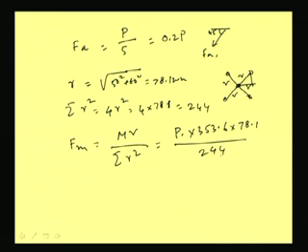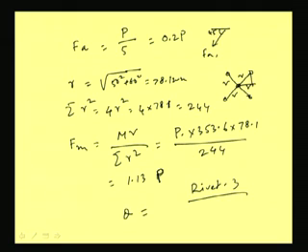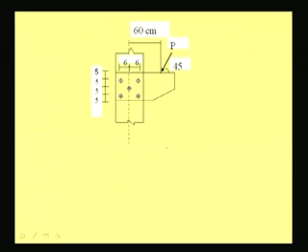So, we can find out from this 1.13 P, and the most affected rivet will be rivet 3. Rivet 3 will be most affected, where the theta between Fa and Fm is 5.2 degree.